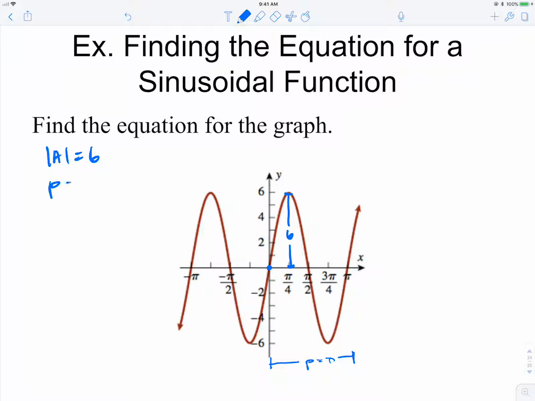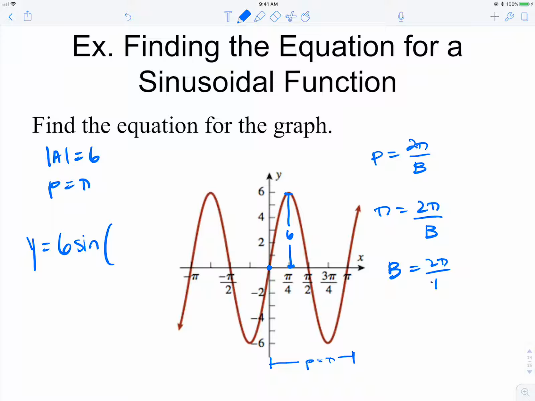So amplitude is 6, period is equal to pi. We'll have y is equal to 6 times sine. We need b. And remember, we usually figure out the period by doing 2 pi divided by b. So we know the period in this case, and we can solve for b.